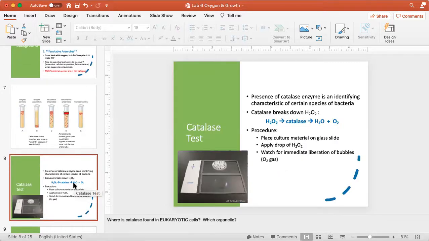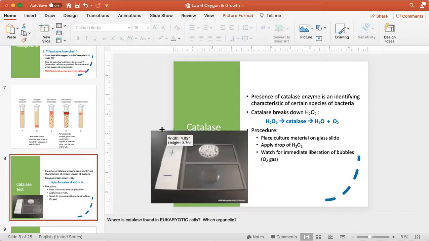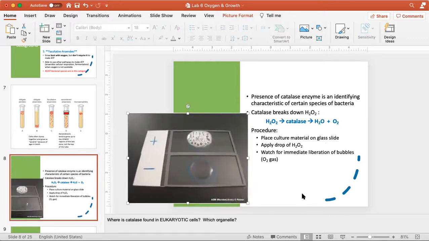All right. Before we look at some experimental results in thioglycolate tubes, let's talk for just another minute about the catalase test. The catalase test is one of the most rewarding tests to do in the micro lab because it's very easy to do and it's very fast.